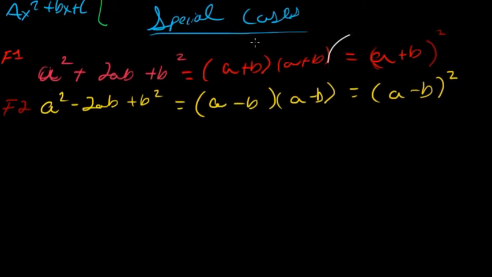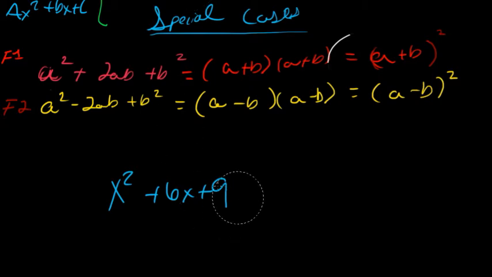Because this is a lot easier than trying to figure out what factors of b squared, what factors of b would actually give me my sum. Like, let's say we have this trinomial here. Using these special cases is a lot easier than figuring out what factors of 9 will also add to 6.